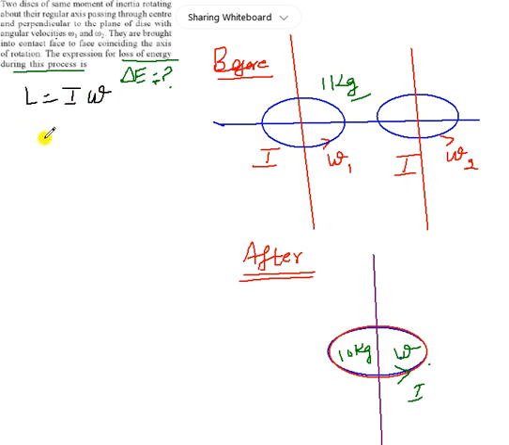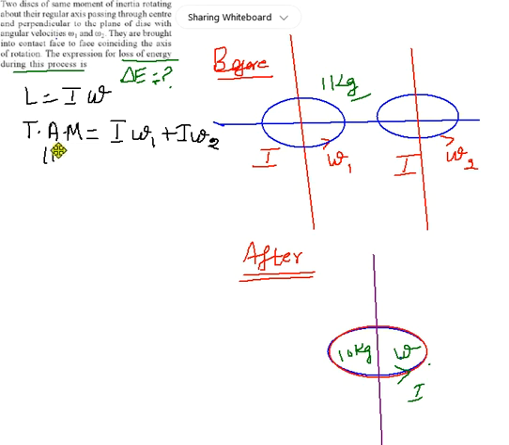So when I'm writing the angular momentum for the initial case, the total angular momentum for the before case will be I omega 1 plus I omega 2.